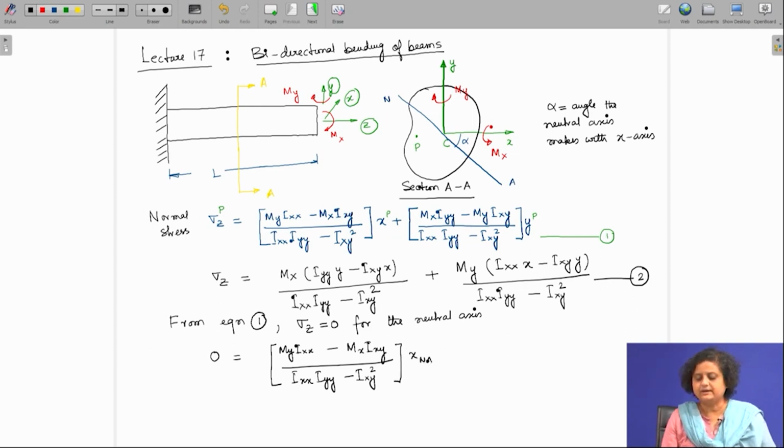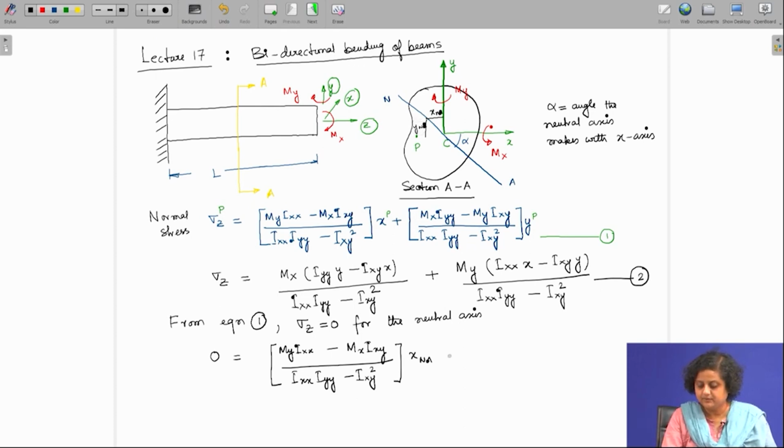If I choose any arbitrary point on the neutral axis, then this is x NA and this is y NA.